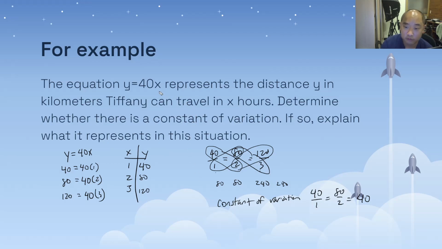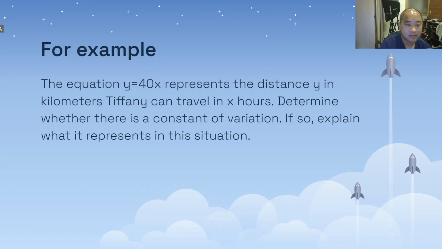X is the number of hours, and y gives you the total distance. So 40 is the speed that she's traveling. So that's what it means to explain what the constant of variation represents, which you will be asked to do.